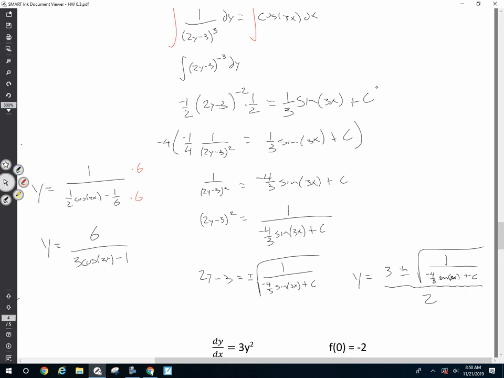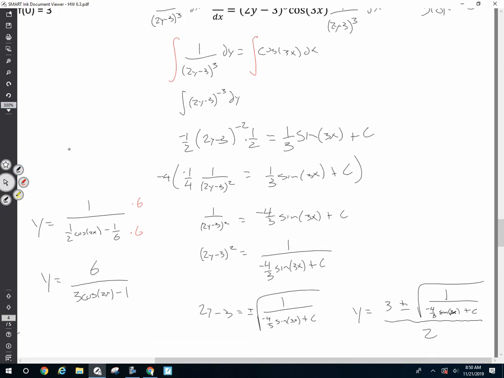I have the point (0, negative 2). Let's bring this all the way up here to use that. So, negative 2 equals 3.